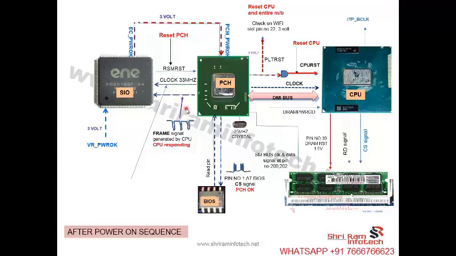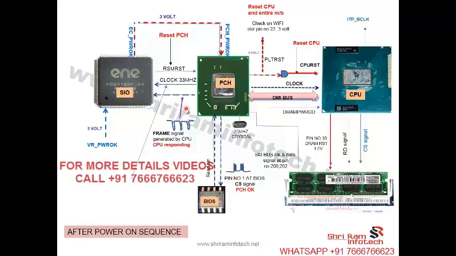If you find the LPC bus on the oscilloscope, you can check this signal, and if this signal is coming, that means the processor is most probably okay. The processor is working.